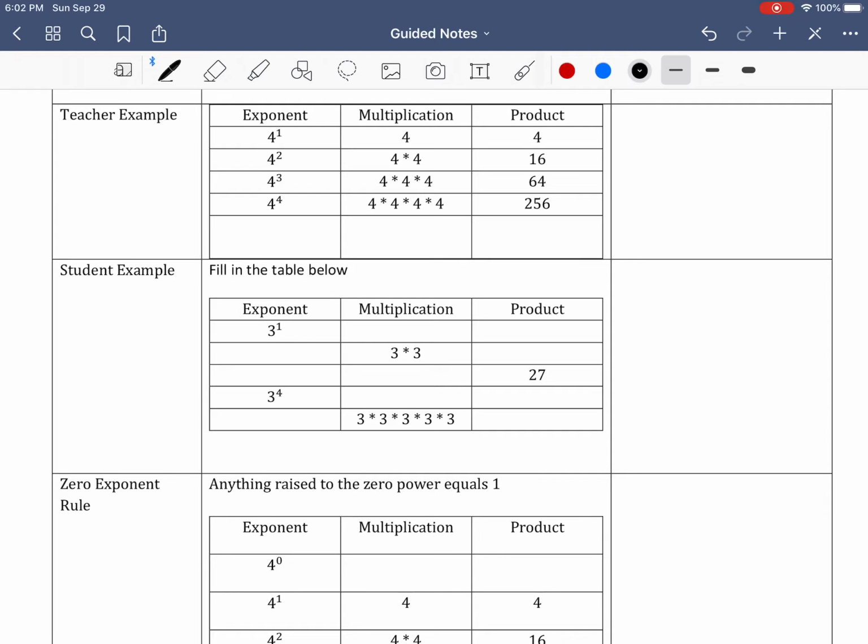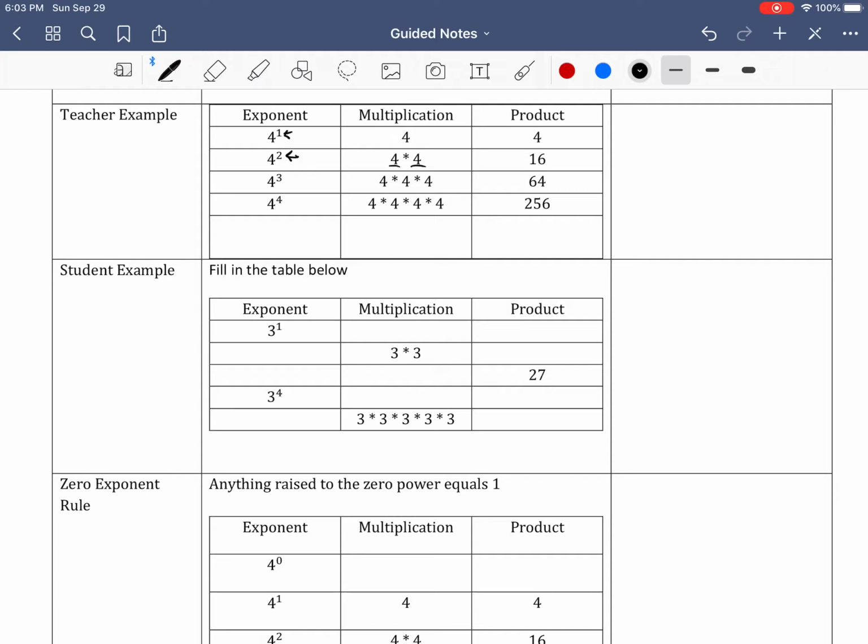So for this first teacher example, if we have 4 to the first power, that's telling us we're going to multiply the number 4, which is our base, 1 time. So we know 4 is 4. Now when we do 4 squared, and we're multiplying the number 4 2 times, 4 times 4, we get 16. Now if we do 4 to the third power, we're doing 4 times 4 times 4, and you end up with 64.